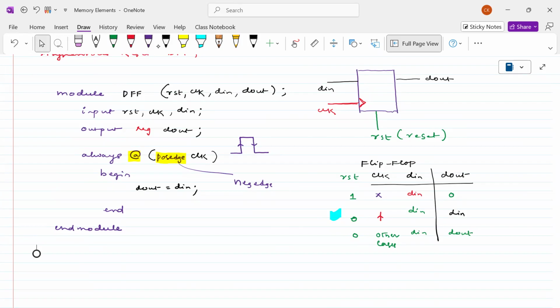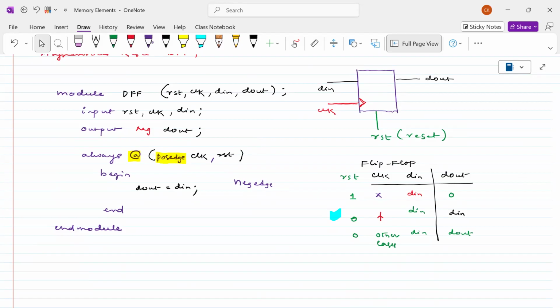Whenever you see a change in clock signal, whenever you see a change in reset signal, output must change. That means I have to have both signals, RST and clock signal. So you look at this particular one, what we can see, RST is positive, only positive edge we are talking about. What about RST? We can write RST. When the RST is high, we are talking about, right?